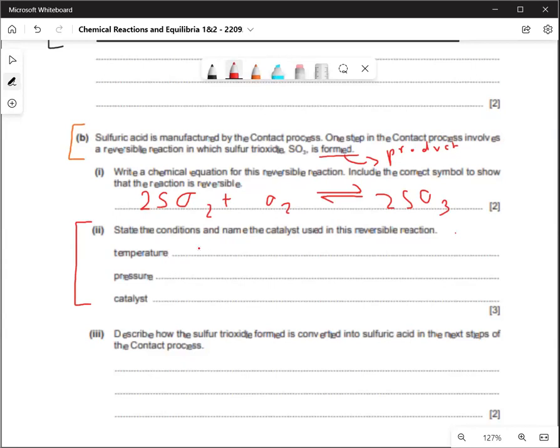The temperature will be 450 degrees Celsius, pressure will be 2 atmospheres. Write the whole thing, atmosphere, don't write ATM. The catalyst will be vanadium oxide, V2O5. Write the whole thing, don't write V oxide, always write the whole thing.